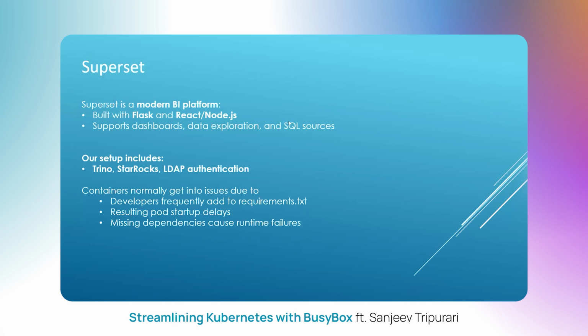Trino did not have the built-in module installed, so developers were doing a pip install inside the pod, and the same thing for StarRocks. For LDAP, they had to do some apt-get install of Linux packages. This whole thing takes its own time, and whenever you do any installation in the pod itself, it slows things down. So I asked why you are installing there.